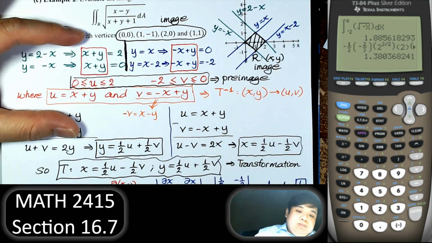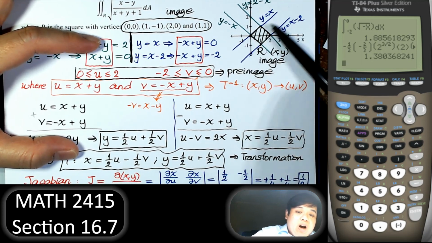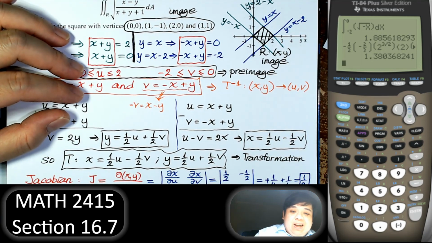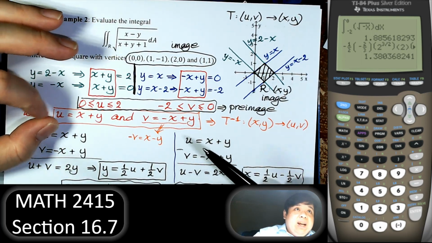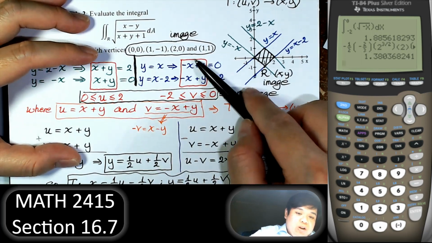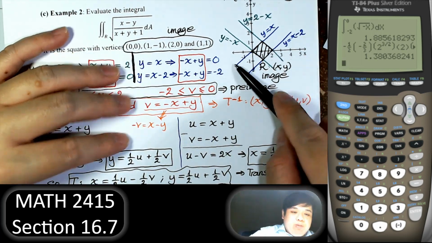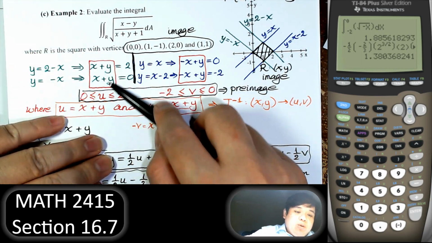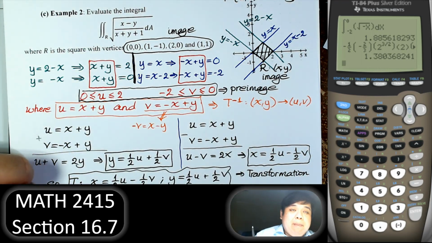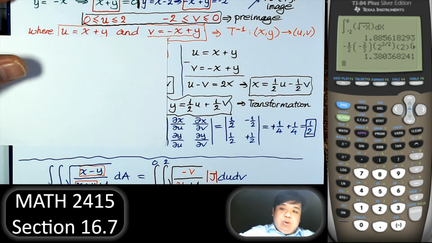But from the image, we draw and we see, oh, if we have parallel lines, that would be nice to set up as u and v. So we draw parallel lines, and one of them we let equal to u, the other one is v. Usually if we have parallel lines, those two should have the same coefficient, so that one of them is u and the other one is v.